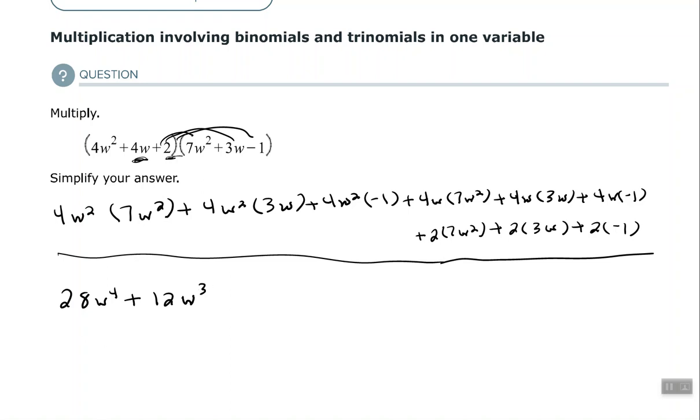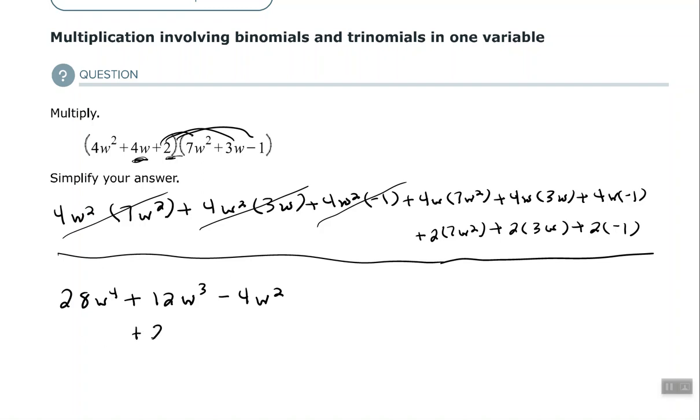And then 4w squared times negative 1, that'll change that sign and make negative 4w squared. And then we move on to the 4w times, so we've taken care of this one, that one, and that one. Now we have 4w times 7w squared, which would be 28w to the 3rd.